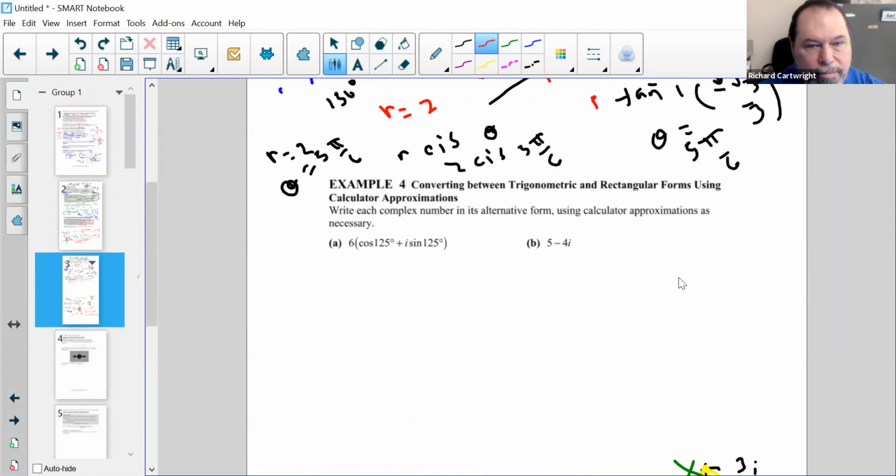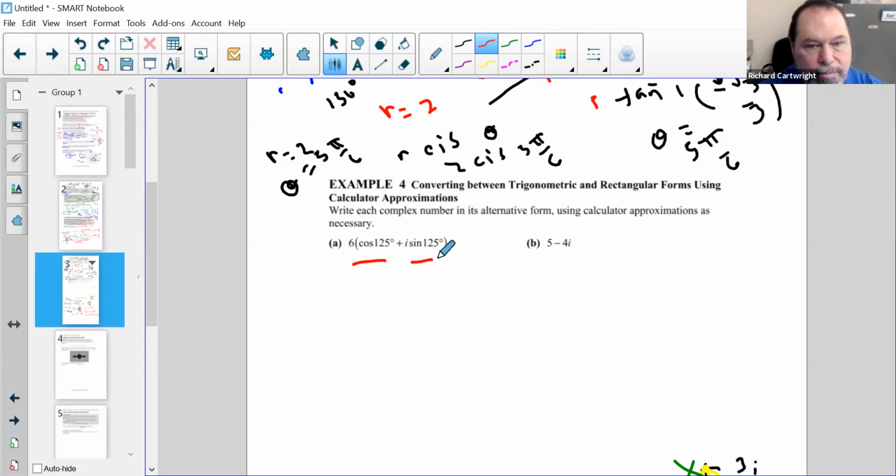So you are going to be pretty much on your own to do the calculations, because you're going to have to type it in with your calculator. You're just going to be typing in the cosine of 125 degrees and the sine of 125 degrees.